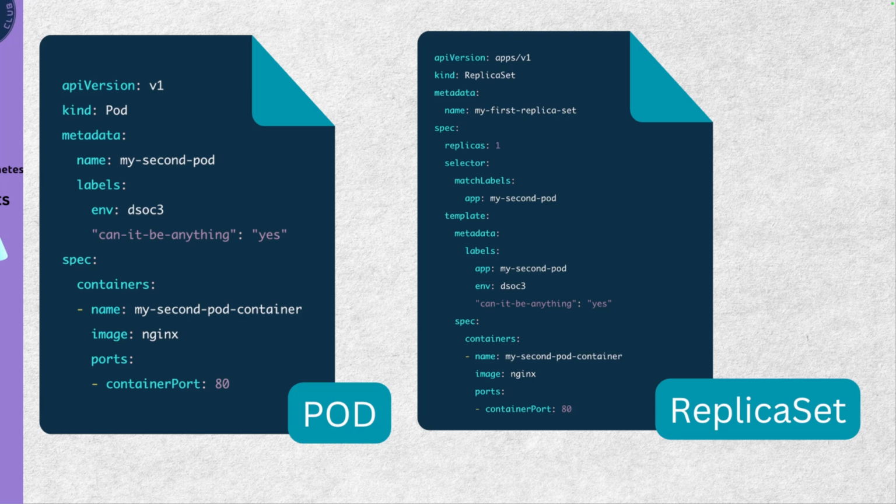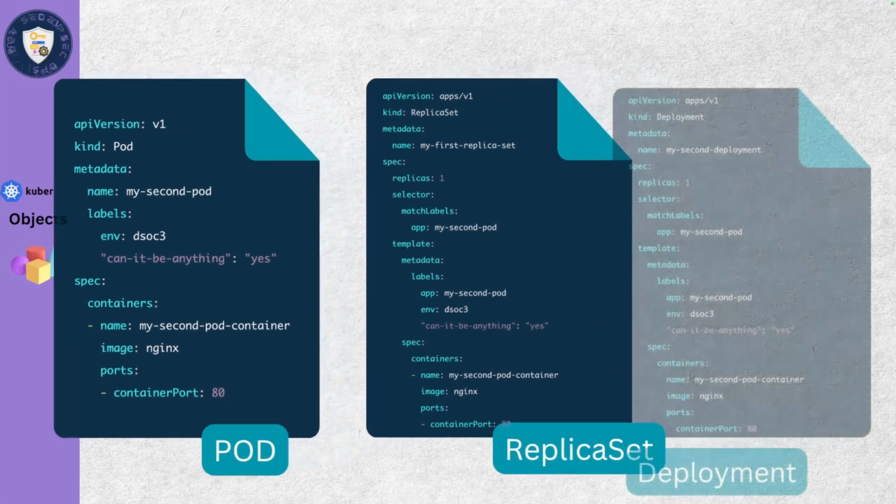We will see that and understand that each and every level's labels have some specific meaning. But the replica set file is very simple: these four things, API version, kind, metadata, spec. And in spec we have to define the replicas, because scaling is handled by the replica set, right? Let's just hold on this for a moment.